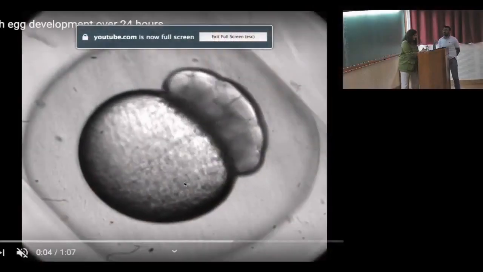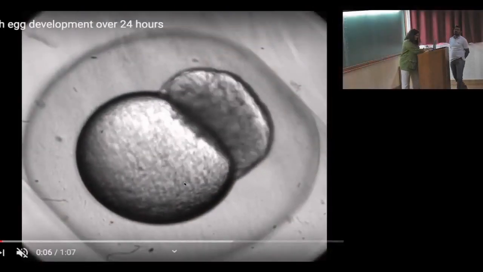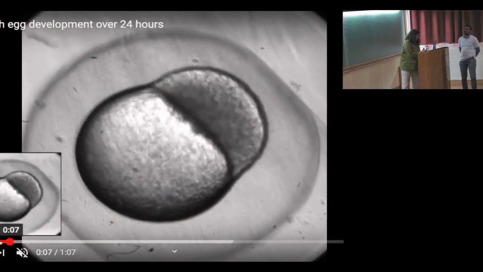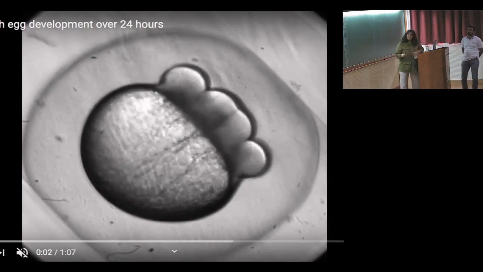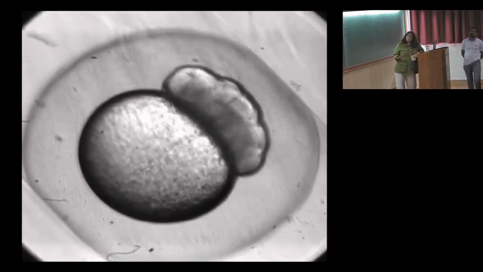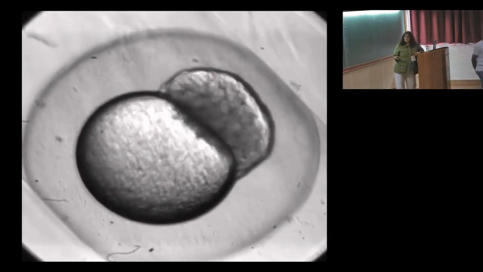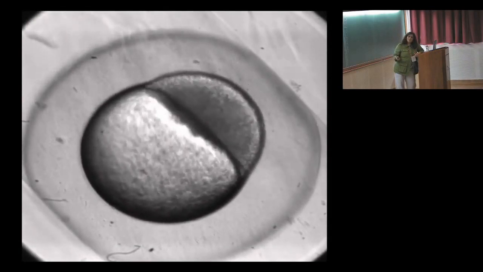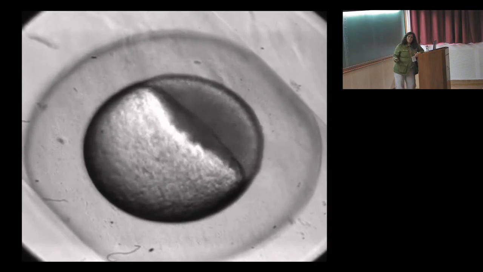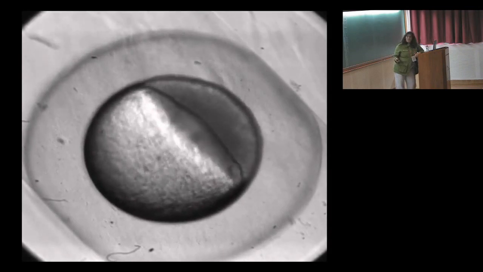Okay, so this now is the development of a fish embryo. It starts off as a single cell. That single cell divides into 2, 4, 8, 16, and so on and so forth to form a ball of cells. And you can see that all of this is happening on one side of the egg.